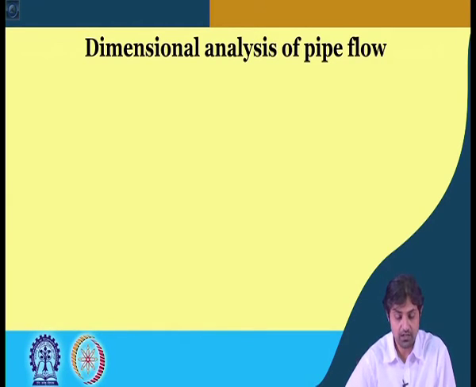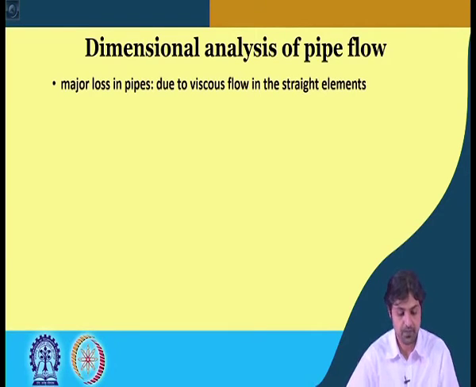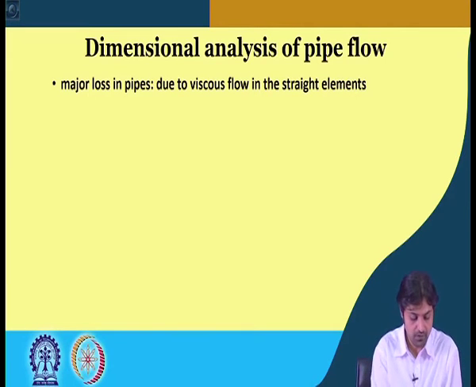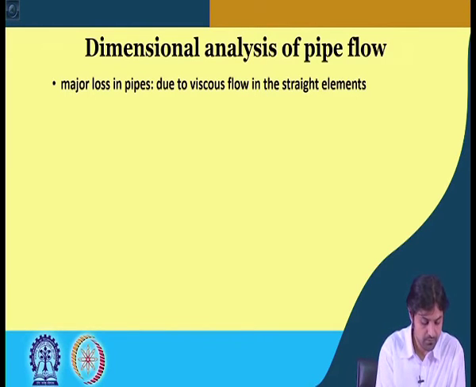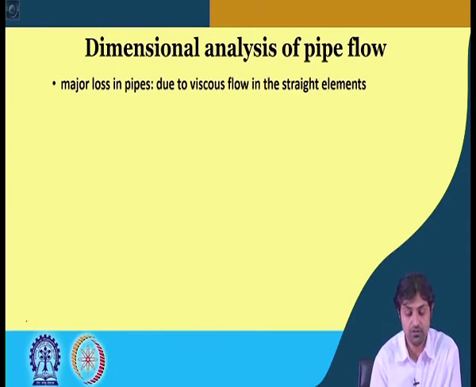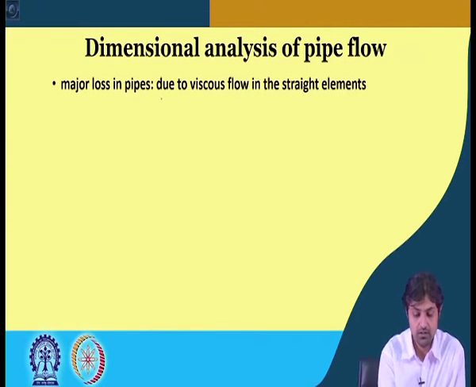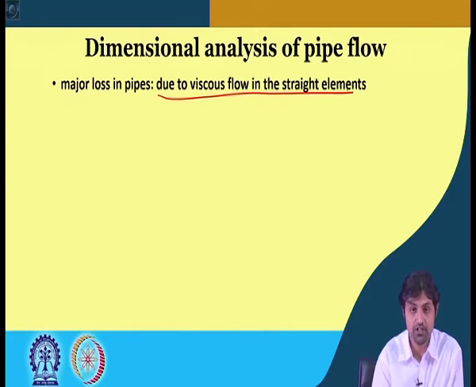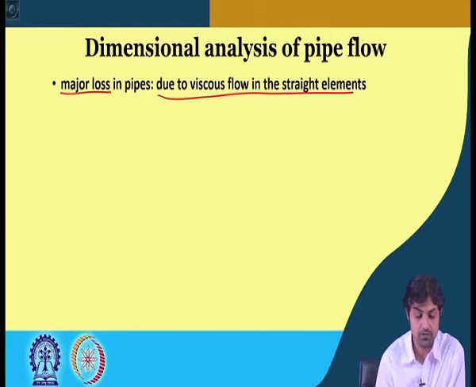So pipes are generally considered rough and they have a roughness, and because of this roughness there is loss of energy due to viscous flow in the straight element, and this loss that happens due to the viscous flow is called the major loss in pipes.